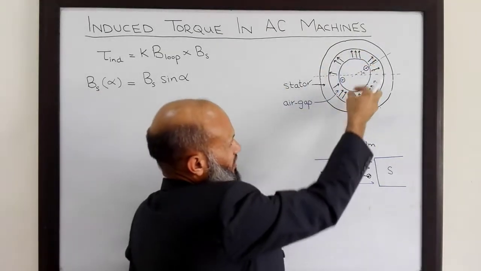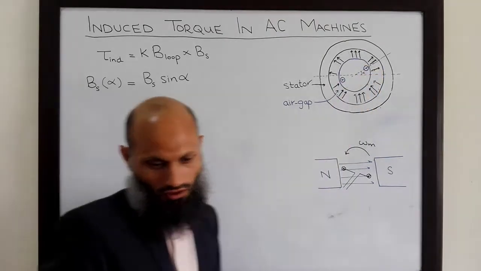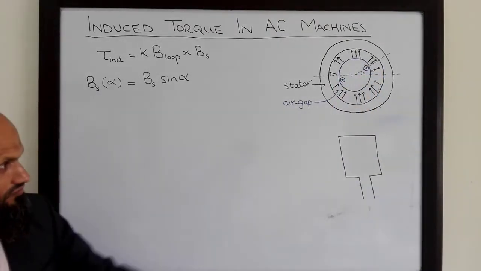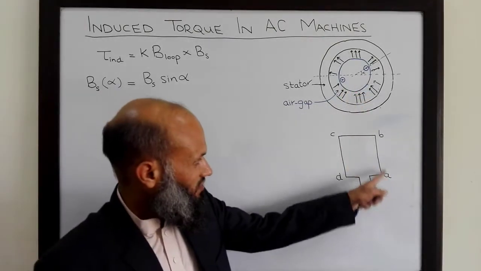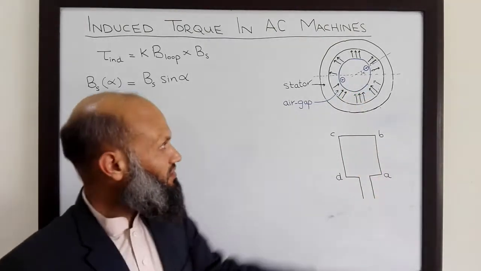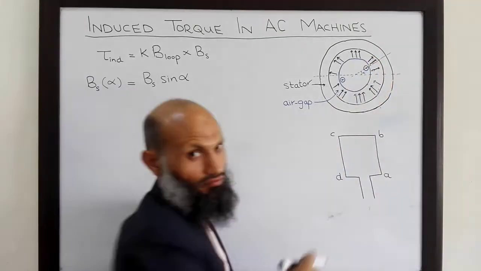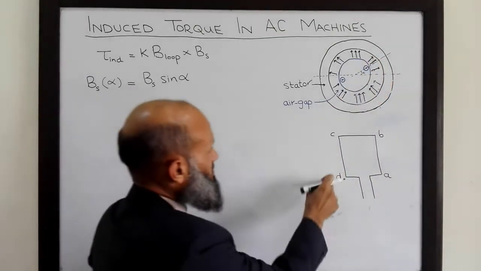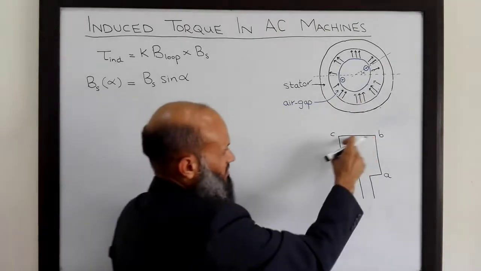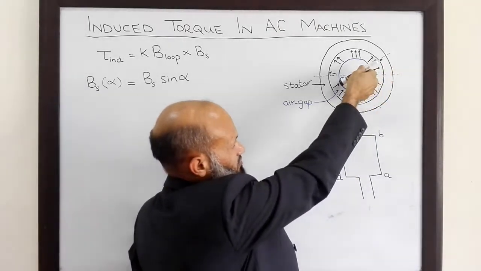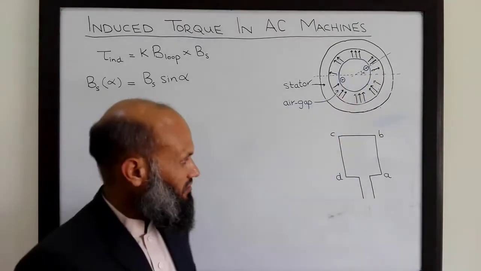On this rotor we have placed a rectangular coil as usual. This segment AB is indicated by a circle here, and this segment CD is indicated by another circle here. The back side of this coil is at the back end and is not visible in this diagram.